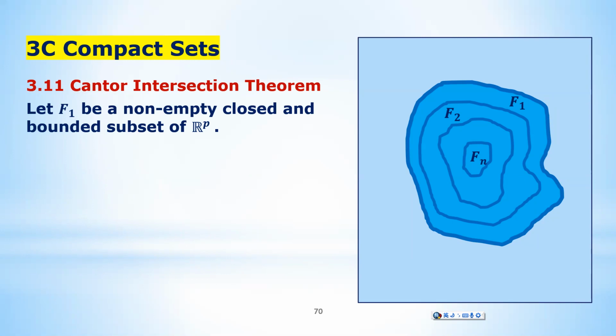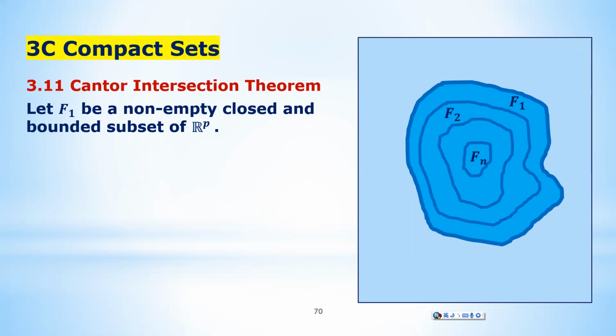So that's the nested cell theorem. Now, the nested cell theorem involves only cells. Cells are a very special kind of set. Now, this result can be generalized to general closed sets. That means instead of using closed cells, you think about closed sets themselves, and then the result still holds.